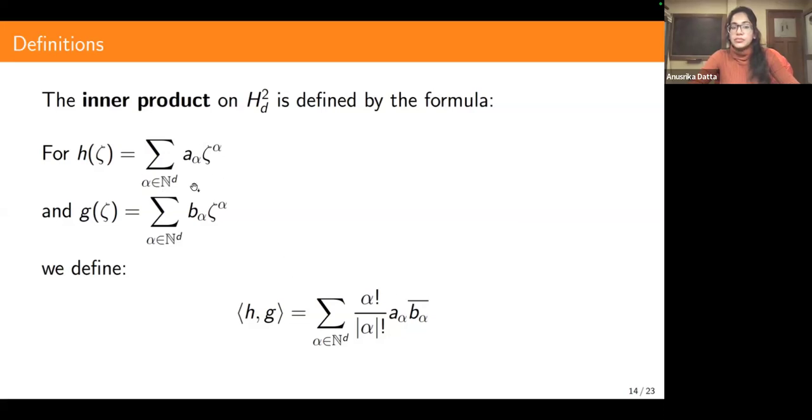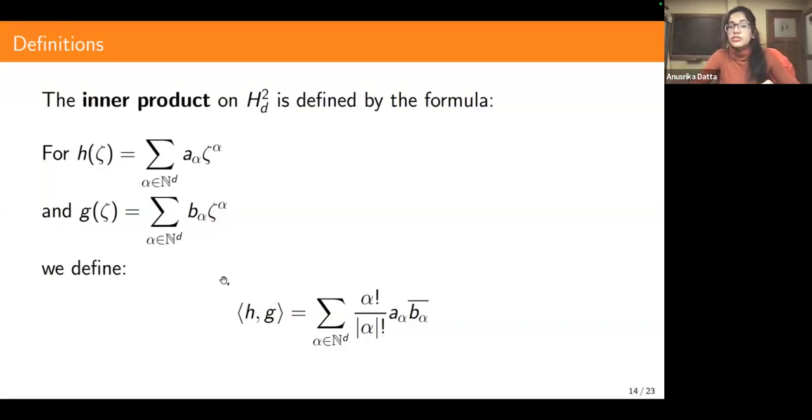If we have a multinomial power series for h of zeta with coefficients a alpha, and for g of zeta a power series with coefficients b alpha, then the inner product of h and g is defined as the summation of alpha factorial over modulus alpha factorial times a alpha b alpha bar, where these are multinomial notations. Alpha has d variable coordinates, alpha 1, alpha 2, up to alpha d, and alpha factorial is alpha 1 factorial multiplied by alpha 2 factorial multiplied by up to alpha d factorial.